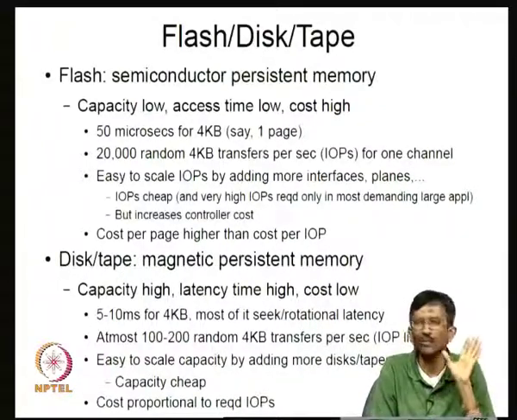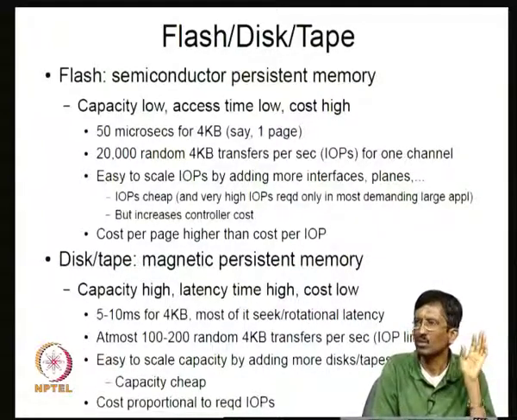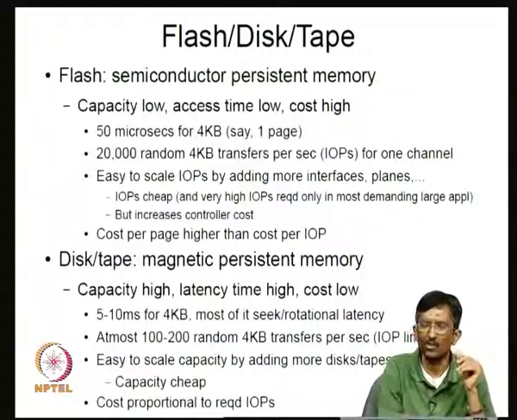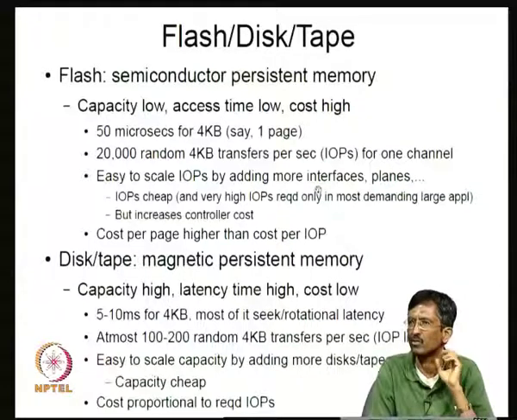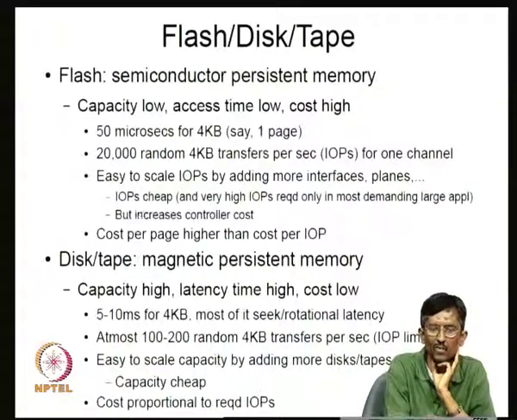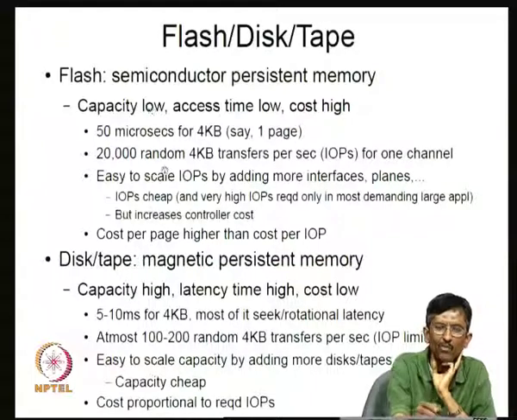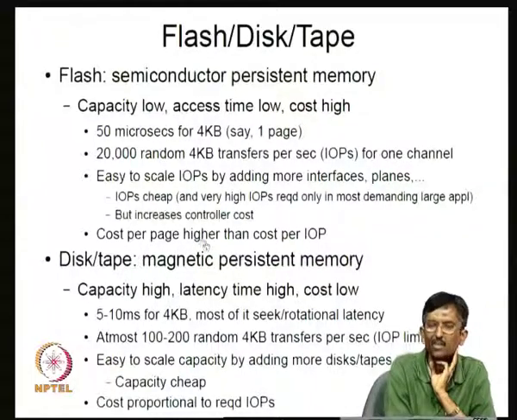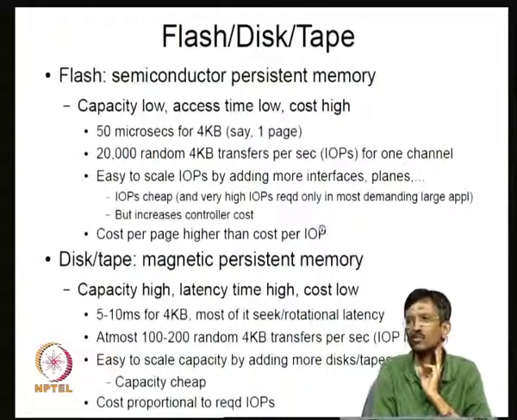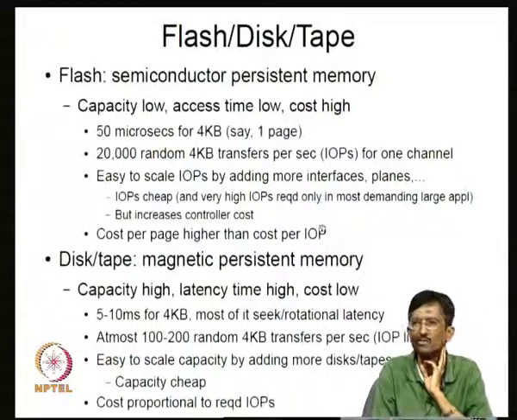Unless you are one of those very big sites, eBay, Google, Yahoo, Cricinfo, you don't have to worry about IOPS. Most systems can handle IOPS. So the important thing to remember about flash is that the cost per page is a more important parameter than cost per IOPS.